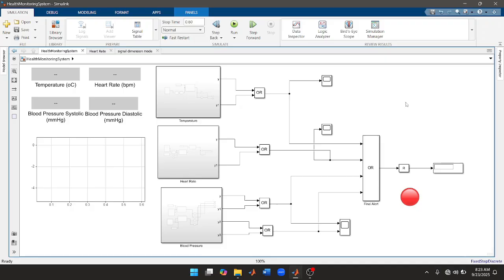So this is a simple health monitoring system. You can use it to measure temperature, heart rate, and blood pressure, the systolic and the diastolic. Now, this system has two ways of giving output. It can output the raw reading for the temperature, heart rate, and blood pressure, and also give you the signal waveform.